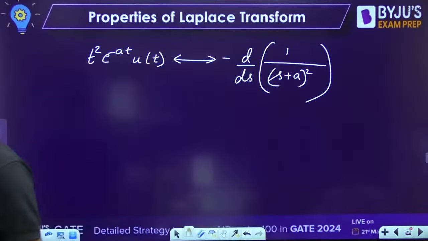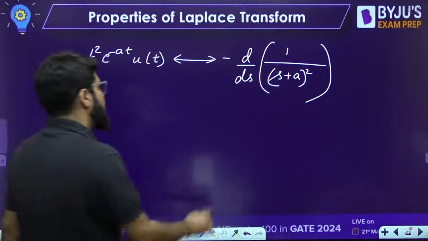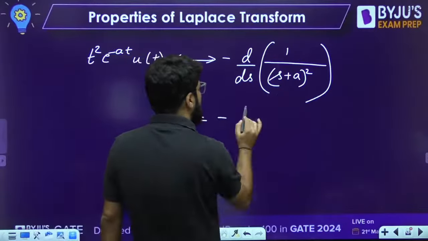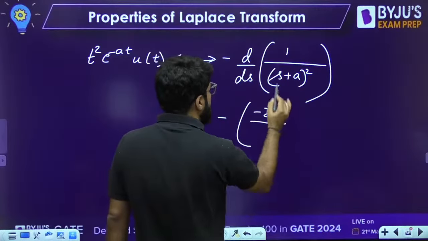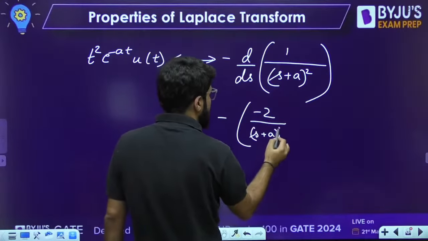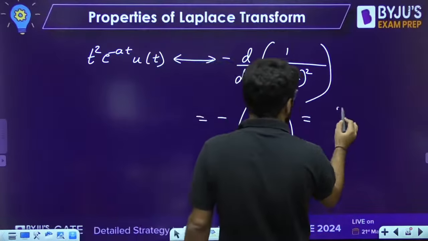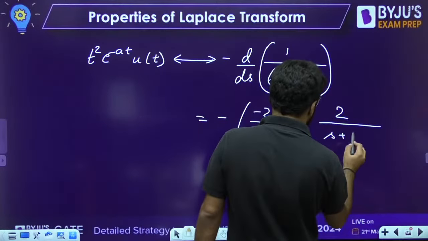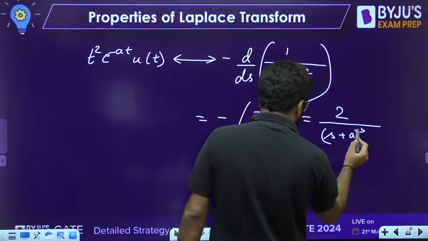This will be minus, 1 upon x square differentiation is minus 2 by x cube, minus 2 by s plus a whole cube. So minus minus again plus, this is 2 upon s plus a whole cube.